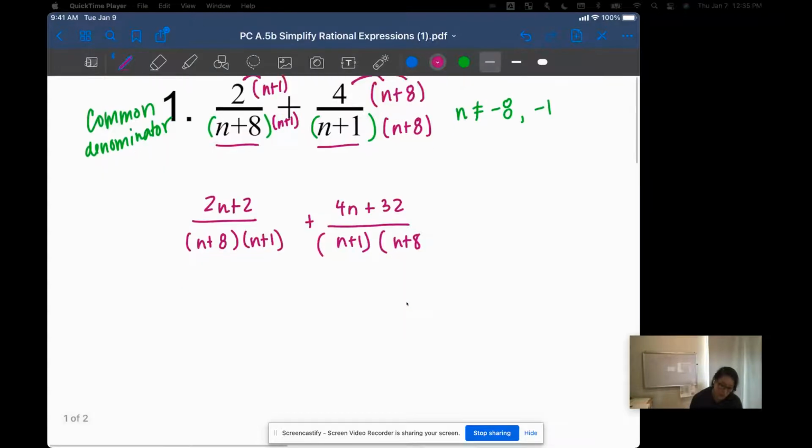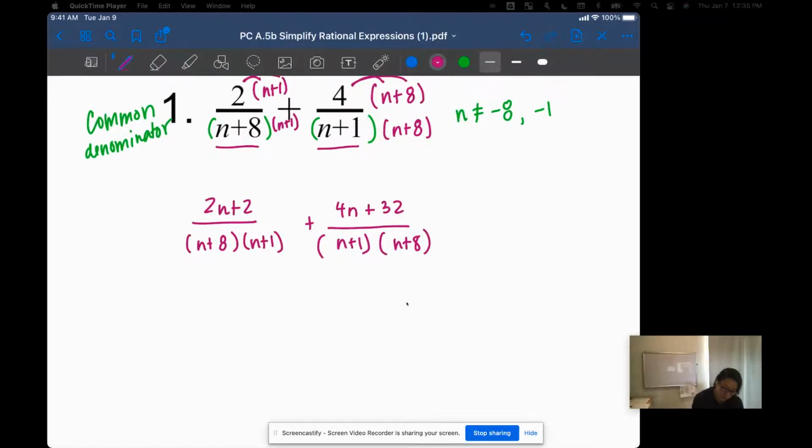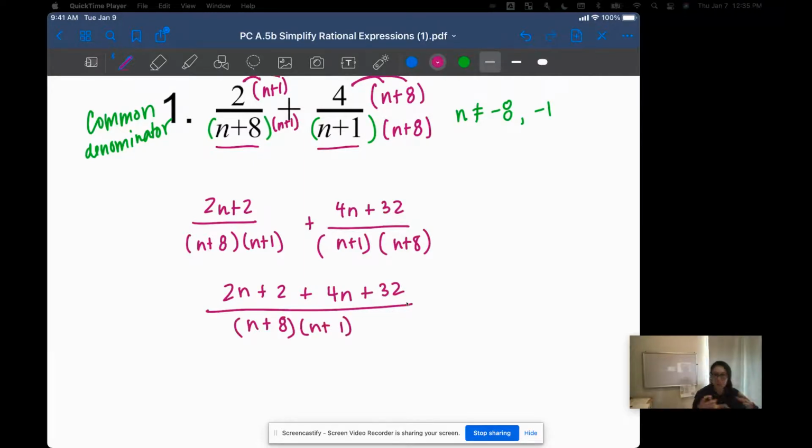Now I can combine these over my common denominator. So I have 2n plus 2 plus 4n plus 32 over n plus 8 times n plus 1. So I can smoosh the two fractions together.